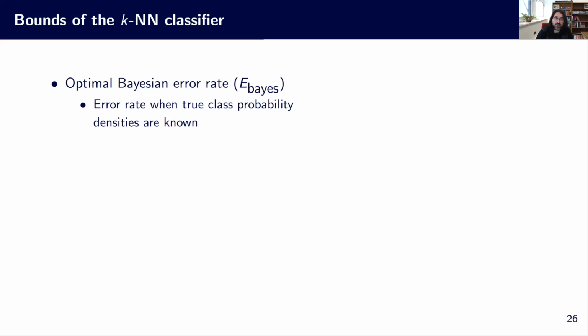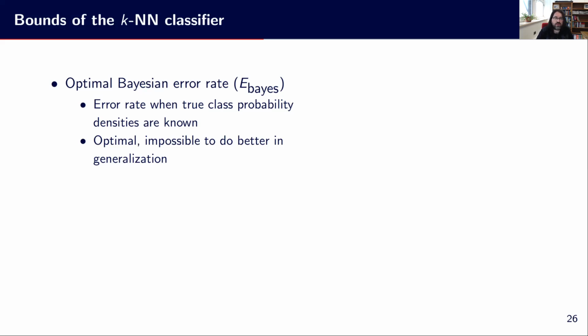Even if we know these densities, we will not have 100% right classification. The error rate will be non-zero, but we still consider this the lowest error rate we can achieve given the measurements that we are making on our phenomenon. So in terms of generalization, it is impossible to do better than that.